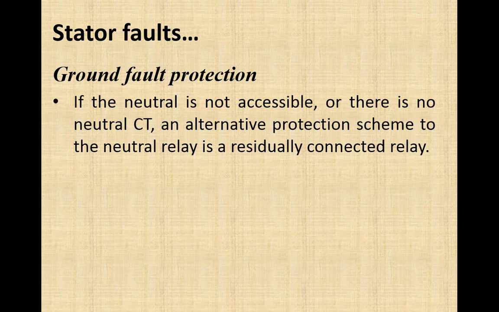The first scheme is the residually connected relay. Residually connected CTs mean CT secondaries are Y connected, and the path between the two neutrals is known as the residual path. The relay inserted over there observes the residual current. Residual current is the zero sequence current. That is known as a residually connected relay.